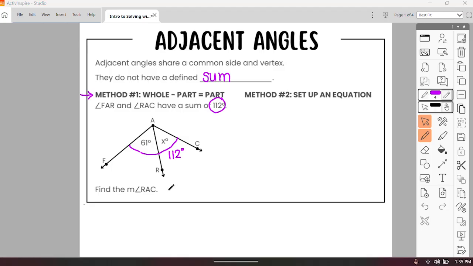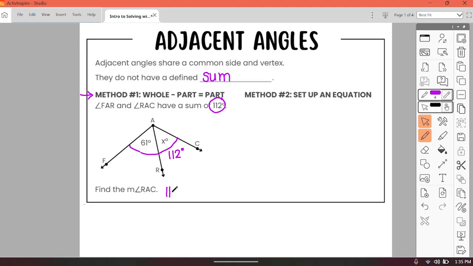And we can do that just by subtracting. So you do the whole measure of the angles minus the part that you do know, and that will give you the other part. And 112 minus 61 is 51 degrees. So the missing angle, angle CAR or RAC, is 51 degrees. And that's one really simple way to do it.